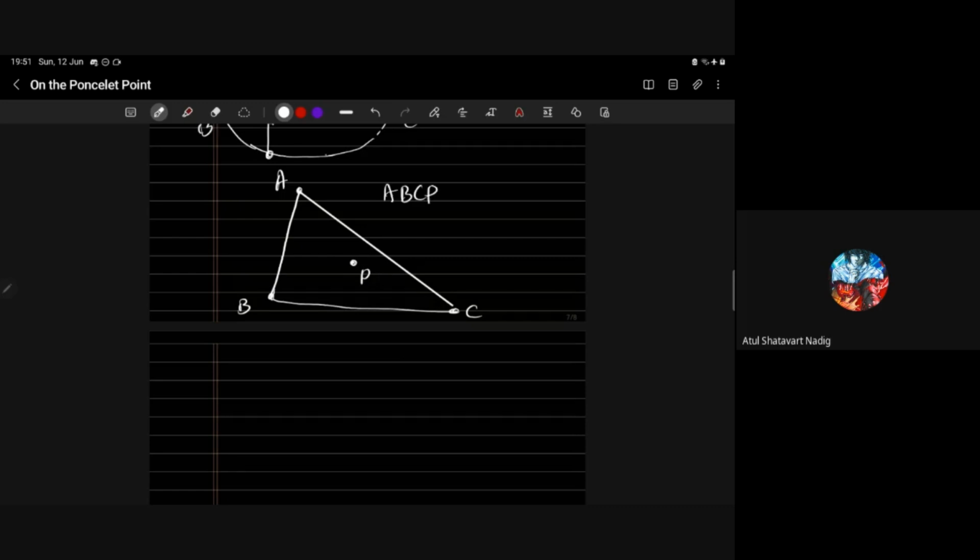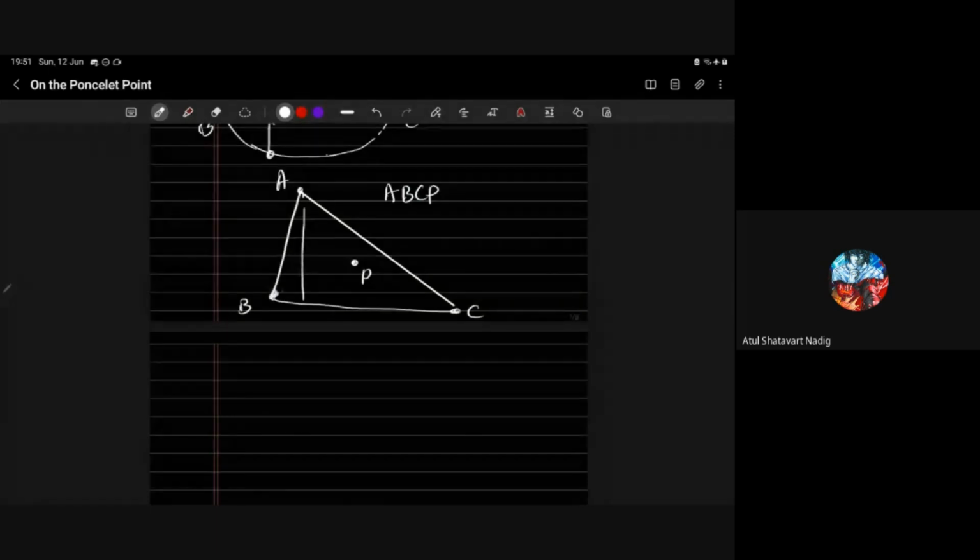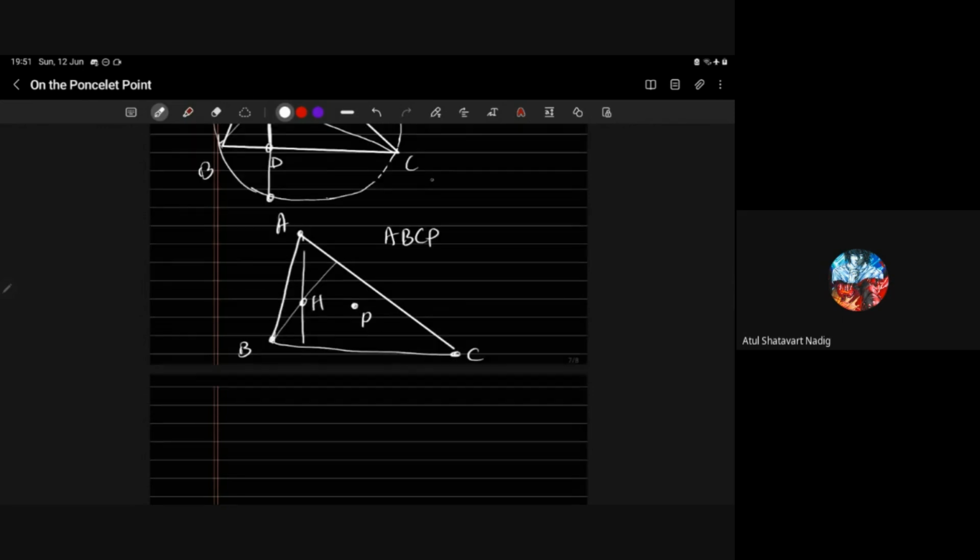There exists one rectangular hyperbola through ABCP, which is not hard to see. Take the orthocenter H and consider the hyperbola through ABPCH. Okay, so 5 points define a conic, and in this case ABCP has a rectangular hyperbola H passing through one of them. So we'll call that the circumrectangular hyperbola.